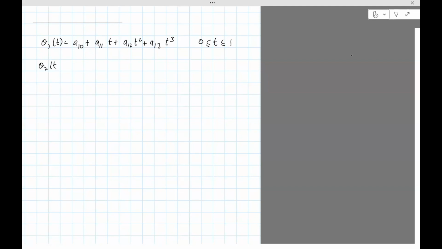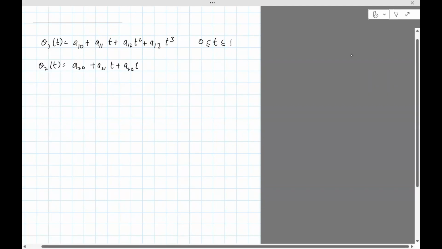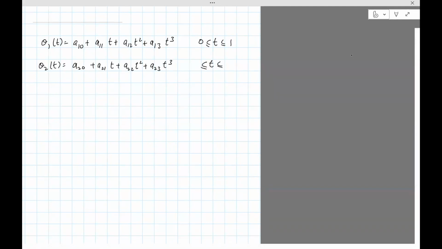And for theta 2, we have a20 plus a21 t plus a22 t squared plus a23 t cubed, where t goes from 1 to 3.